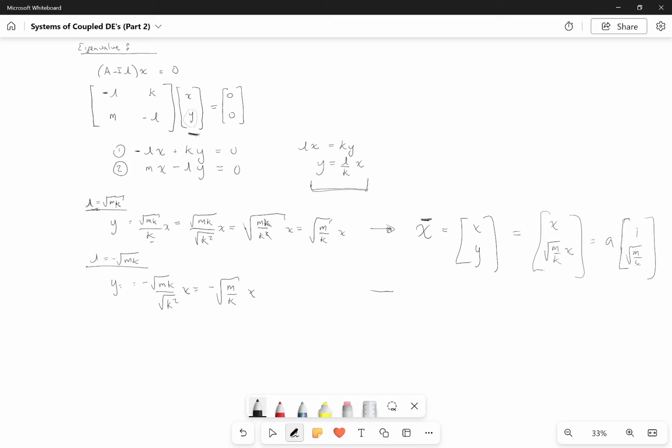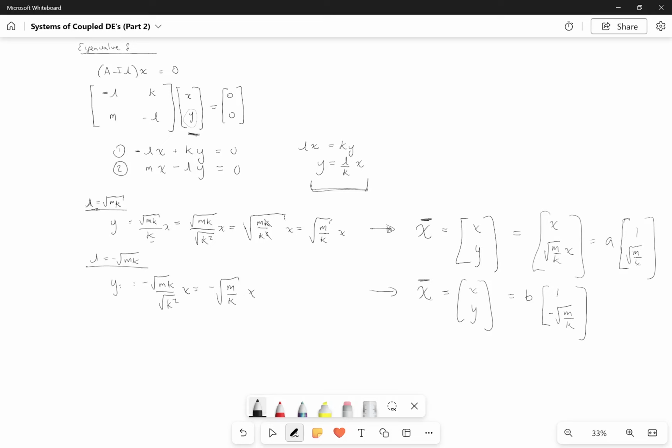Okay, and then we have another one here, where the next vector, again, is x and y. This relationship is basically going to be the same thing, just with a negative. So it's going to be b, and then 1, and then negative square root m over k.